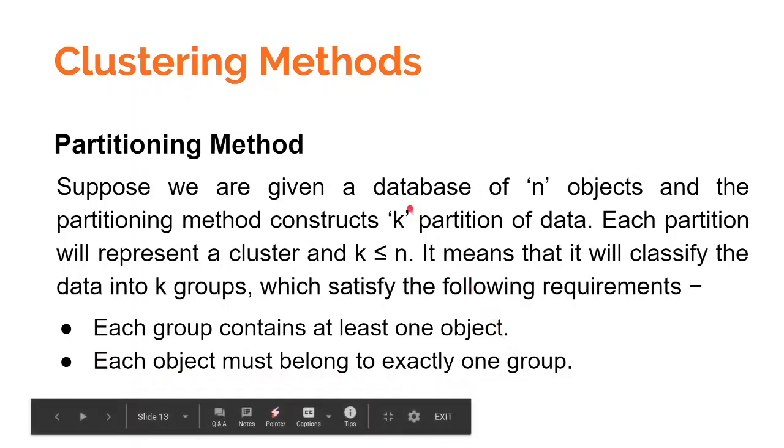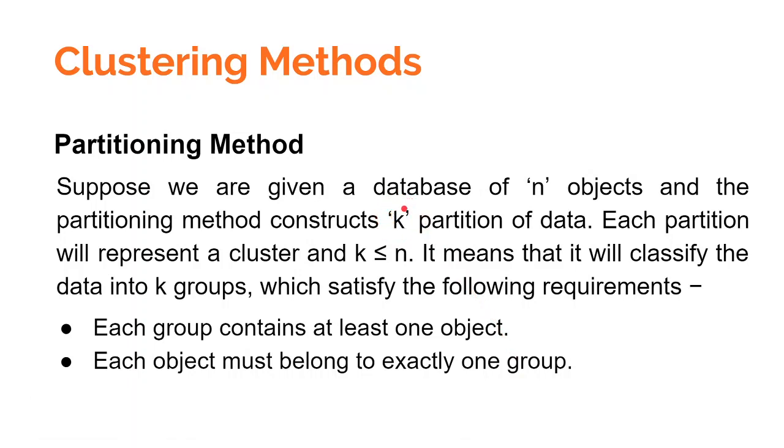Here, k is considered as cluster, that is, a similar group of objects that are formed in terms of k less than or equal to n data sets. And k means the number of clusters into which the data sets have to be divided.